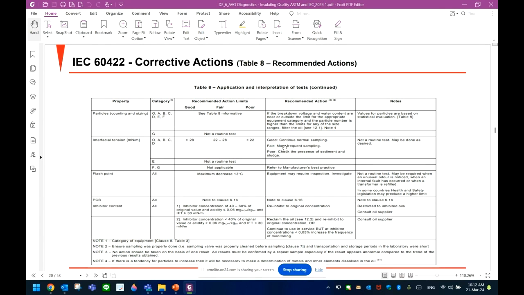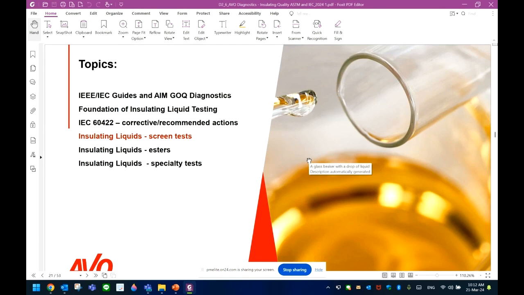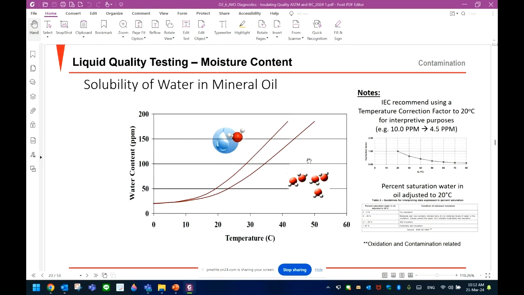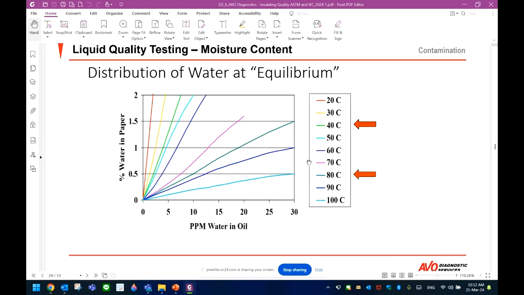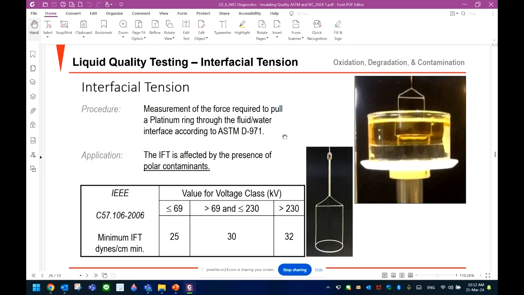You can continue normal sampling, more focusing. Interfacial tension also can tell the force required to pull the ring through the water or the fluid.